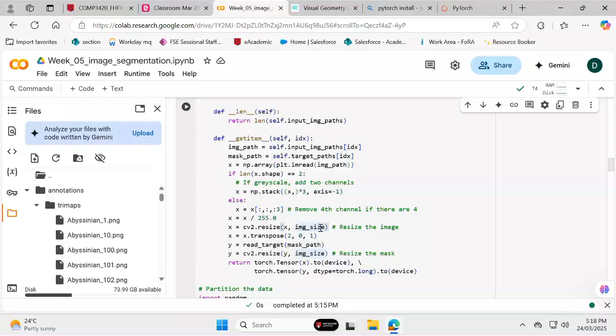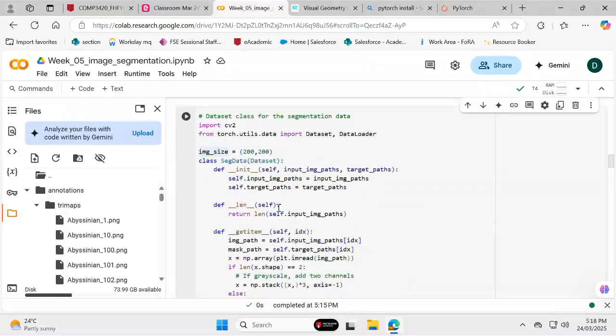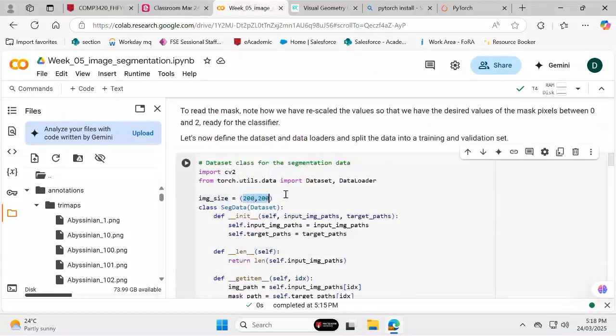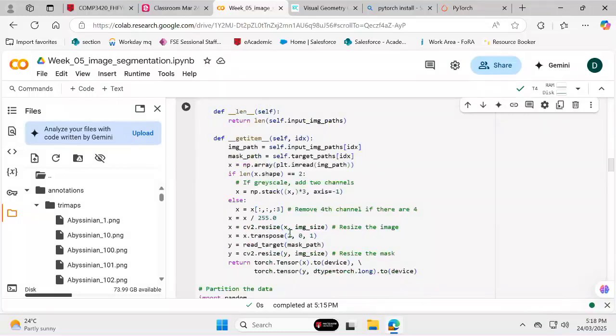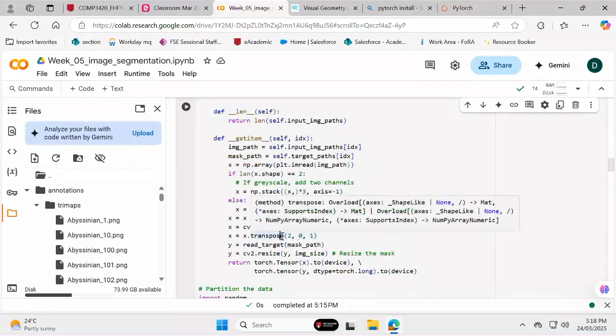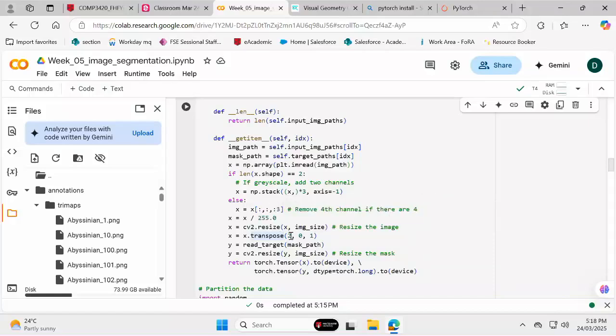So resize the image to the desired value, which is 200 times 200. And as you recall, I hope you recall this part here, when you read the image, it is in the format of rows, columns, channels.